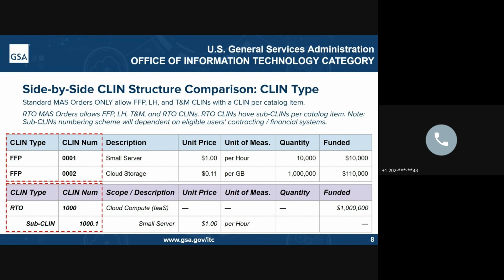The subCLIN is a child of the requirements task order, and thus the numbering is going to indicate that child-parent relationship. Now for this notional example, we have said the requirements task order number is 1000 and the subCLIN is 1000.1. Again, how you indicate a subCLIN will be specific to your financial or accounting systems.